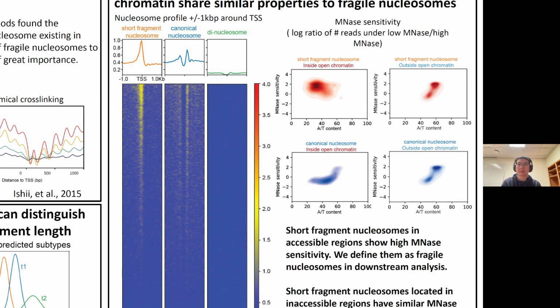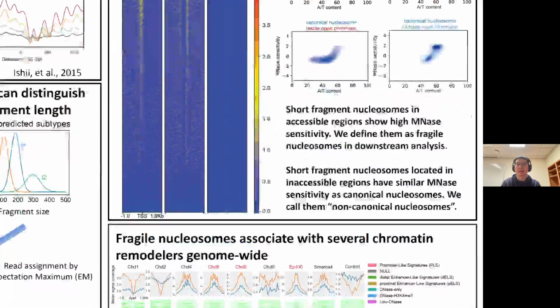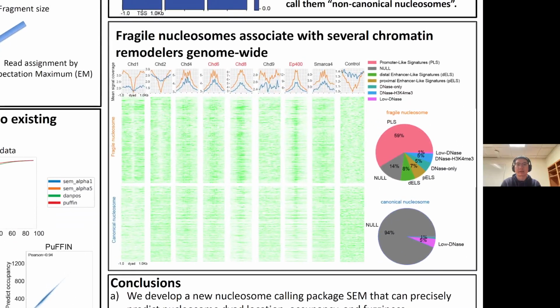We further explored what kind of factors could be associated with fragile nucleosome, and we found that several common remodelers, including CHD6, CHD8, and EP400, coexist with fragile nucleosome. As we can see here, CHD6, CHD8, and EP400 are more enriched around fragile nucleosome compared to canonical nucleosome.